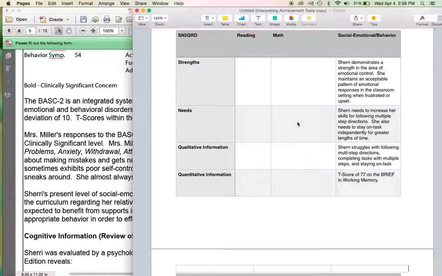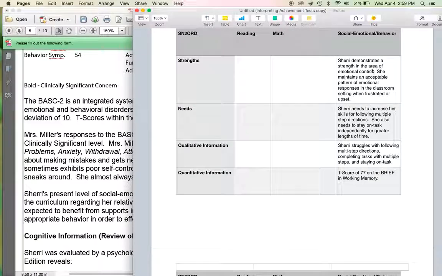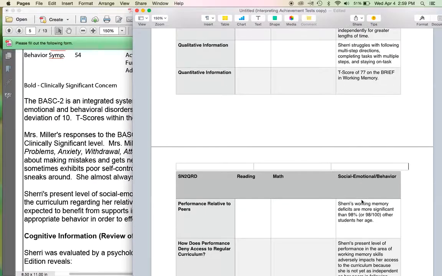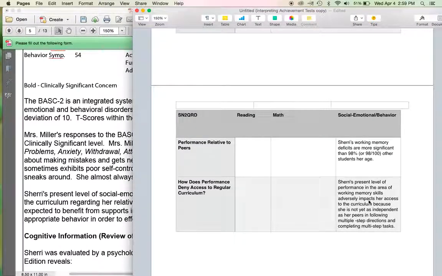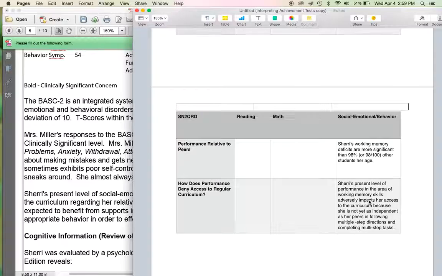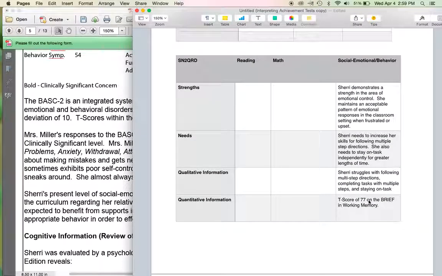If you have a piece of information that jumps out to you, and there's a square that's easier for you to fill in than others, definitely start there and then work from that point. You by no means need to start here and work down the list. This grid here just really exists to make sure that you have something in each area so that you are sure to adequately address all of the information that you need for your present level.